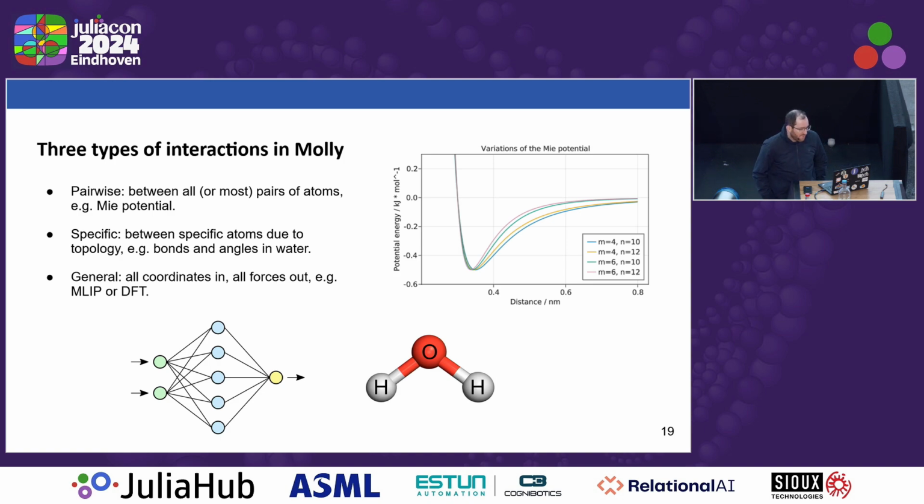You can have specific interactions, which are between specific sets of atoms due to the topology, for instance. And then there's also a very flexible type of interaction, which is the general interaction, where you take all coordinates in and you give all the forces back, or the energy back. And that's useful for machine learning potentials, where you would just pass off the call to another library, or to density functional theory. You can, for instance, call DFTK.